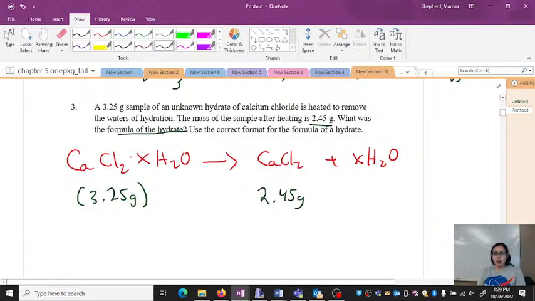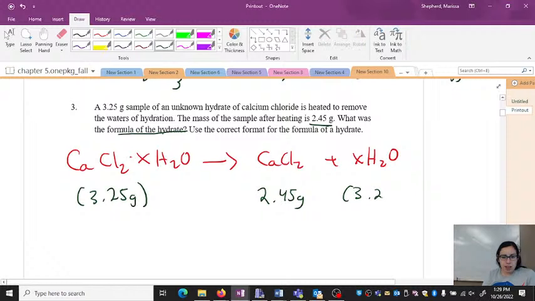But then how do I find moles of H2O? What do I need to do? Subtract these two, right? Because the mass lost, the difference here, should correspond to the H2O lost.